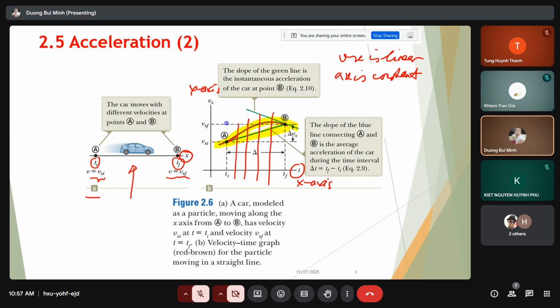And the slope of vx, the slope of velocity, will be the acceleration, the instantaneous acceleration.